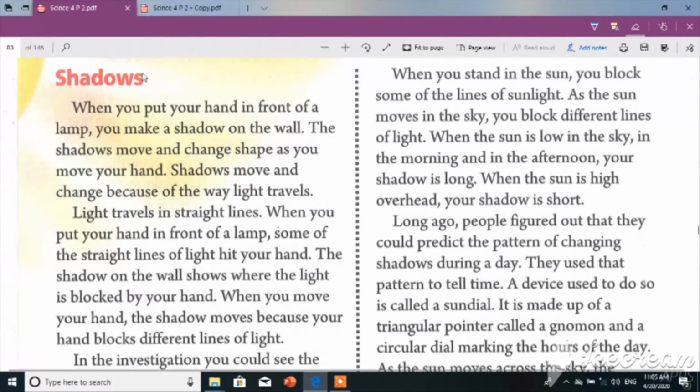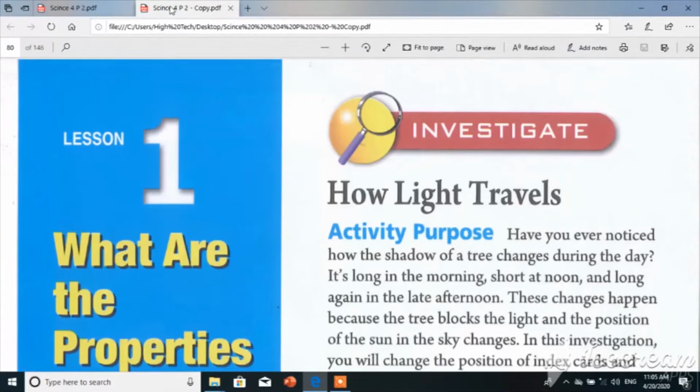Investigate how light travels. Have you ever noticed how the shadow of a tree changes during the day? It is long in the morning, short at noon, and long again in the late afternoon.